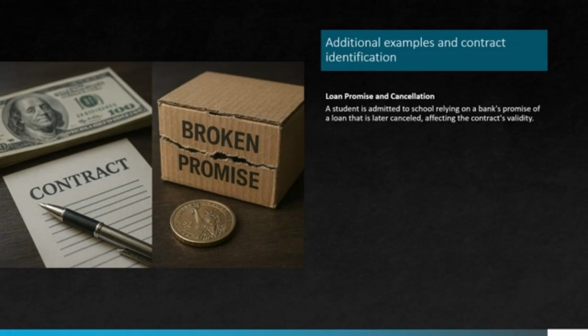The third-party creditor beneficiary here is the school. And they've admitted the student, which means they've not admitted another student. If somebody else had been admitted, they might have had the money to pay it.